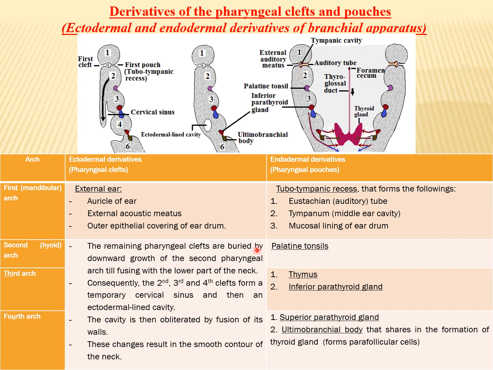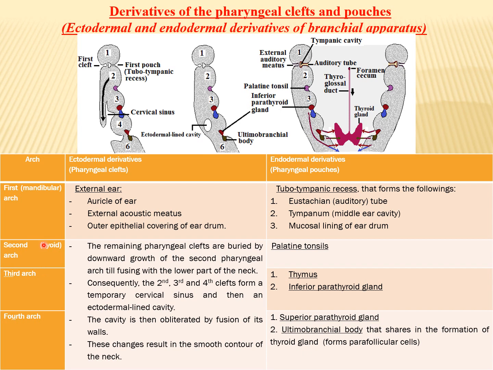Then the second pouch gives rise to the palatine tonsil. The third gives rise to the thymus gland and inferior parathyroid gland. To remember it, thymus begins with TH, and third begins with TH.